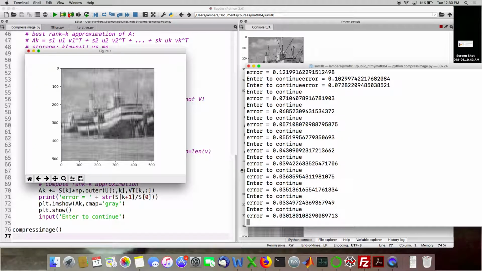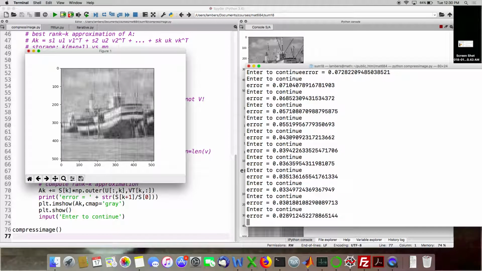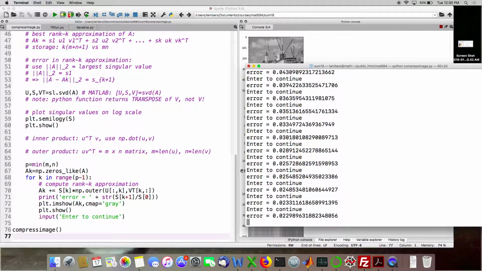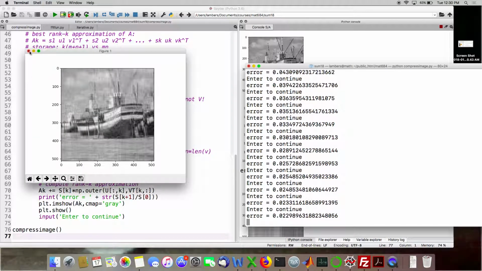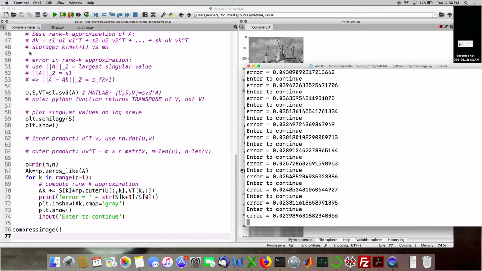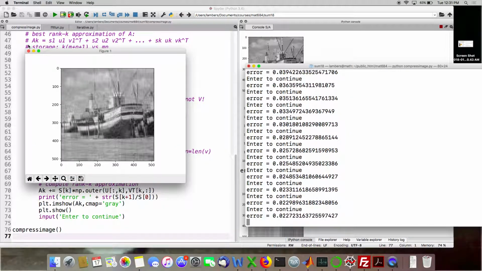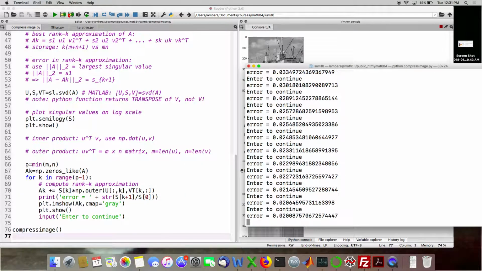Unfortunately, the error is decreasing kind of slowly. A more accurate representation of the error might be, instead of using the 2 norm, possibly the Frobenius norm. The Frobenius norm of a matrix is the square root of the sum of squares of its singular values, so that would better take into account the decay rate.